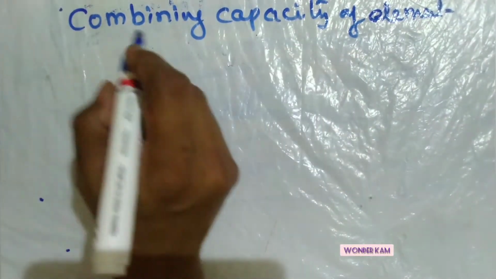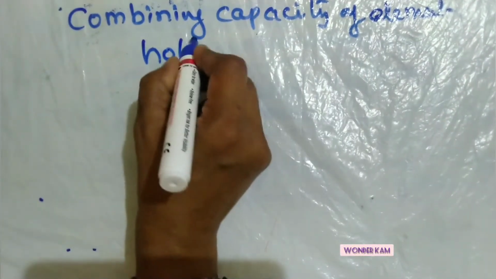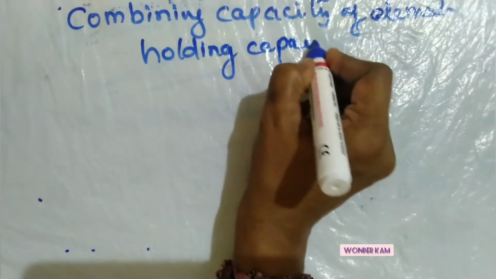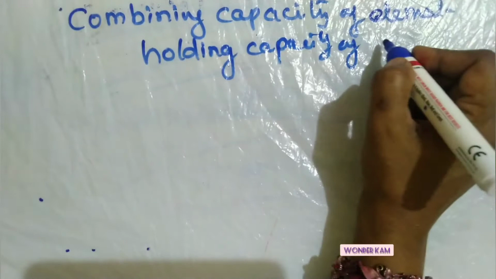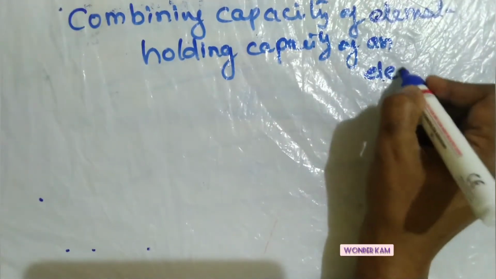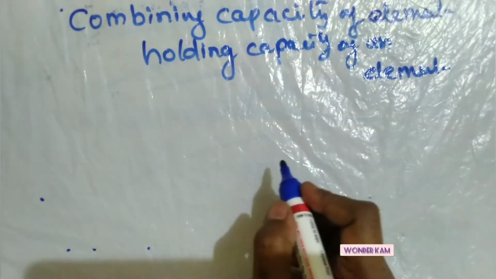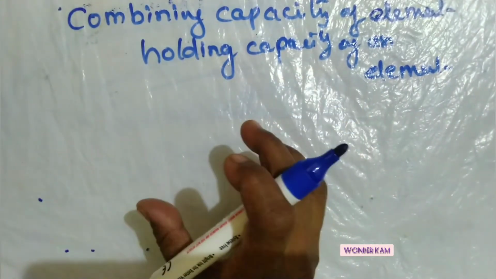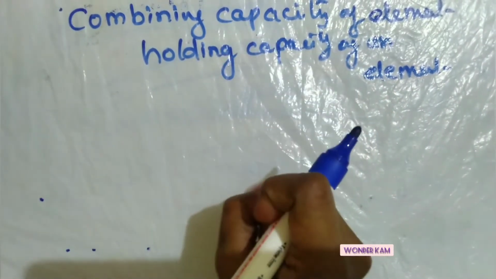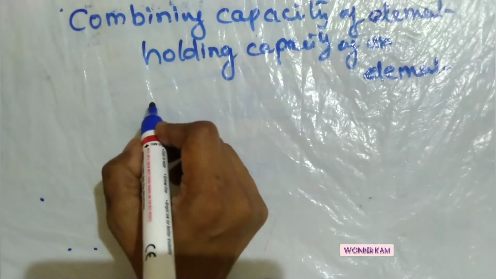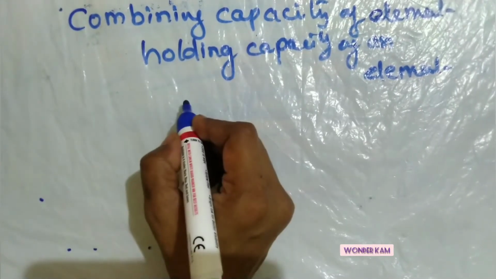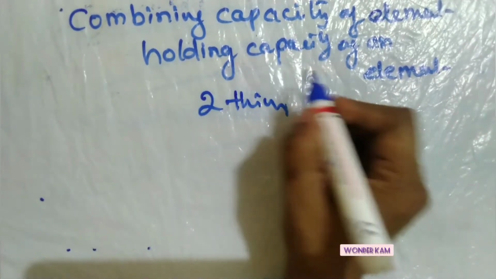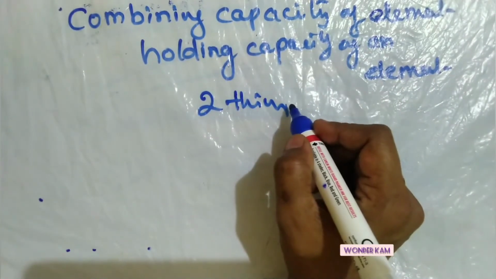Combining capacity is nothing but the holding power or holding capacity of an element. What is this holding capacity? It means what we can hold. Suppose we have two hands, so we can hold two things at a time. This is our holding capacity.